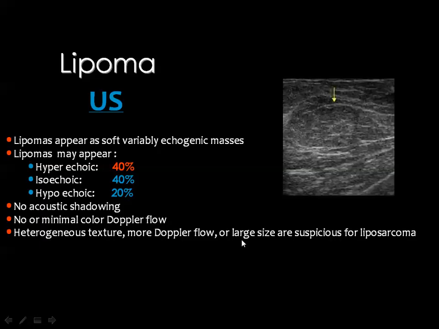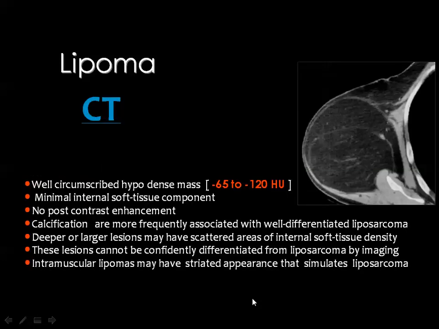There is no acoustic shadowing, and there is no blood supply or Doppler flow within the lesion. If you see heterogeneous texture, mixed echogenicity and hypoechogenicity with Doppler flow and large size, then be careful about the possibility of liposarcoma. On CT, lipoma is a hypodense mass. Its density is almost similar to the subcutaneous fat, and the attenuation value of the lesion ranges from minus 65 to minus 120 Hounsfield units.